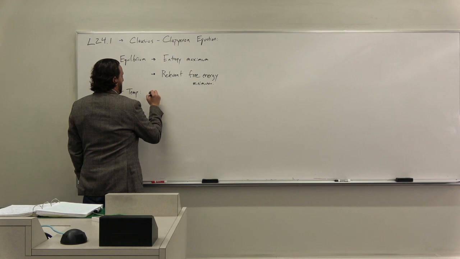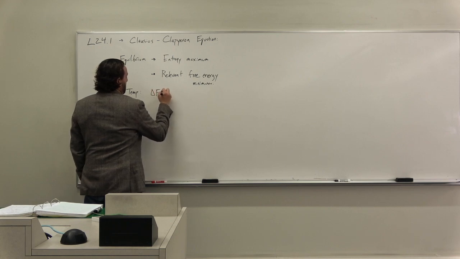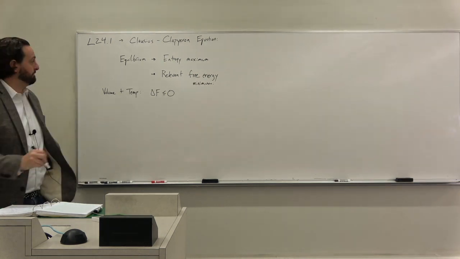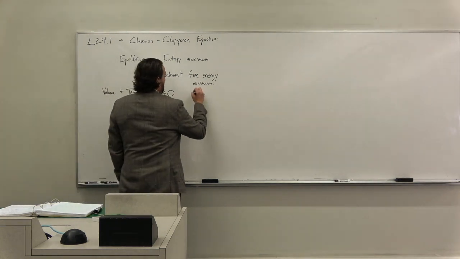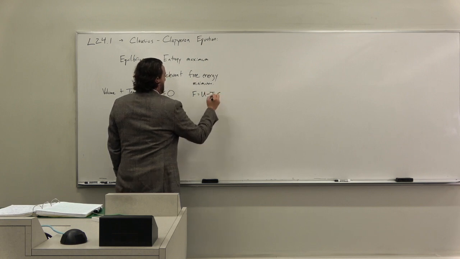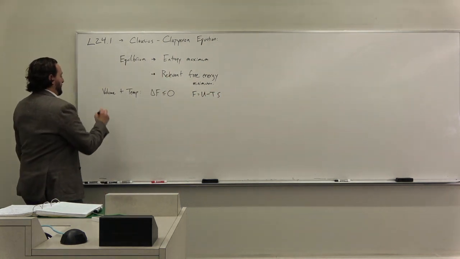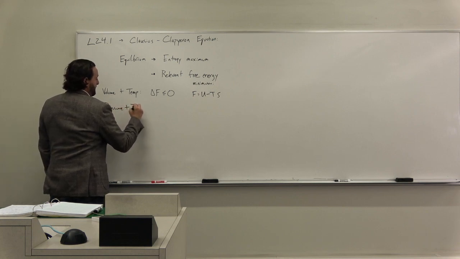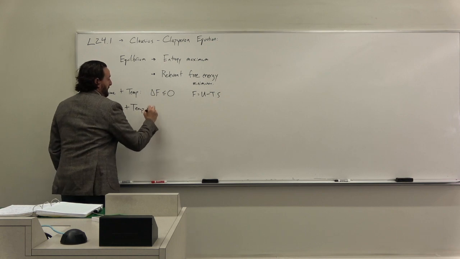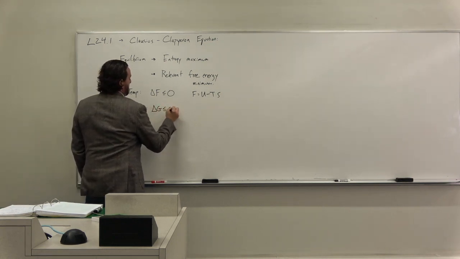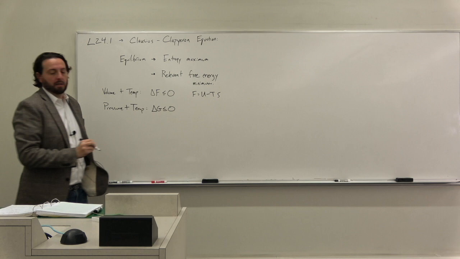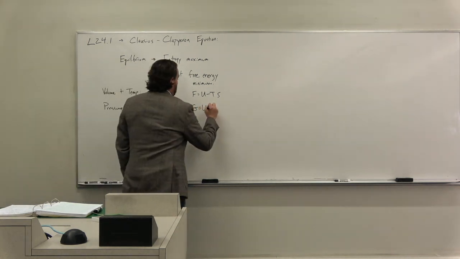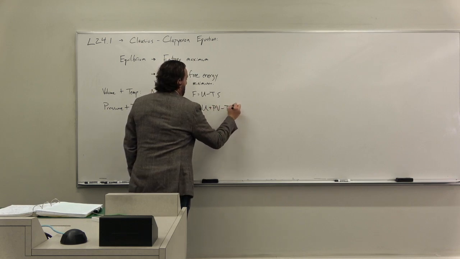Then what mattered was that our change in our Helmholtz free energy was always less than or equal to 0. F was U minus TS, remember. But when our pressure and our temperature were our relevant variables, we minimized the Gibbs free energy, where the Gibbs free energy was U plus PV minus TS.